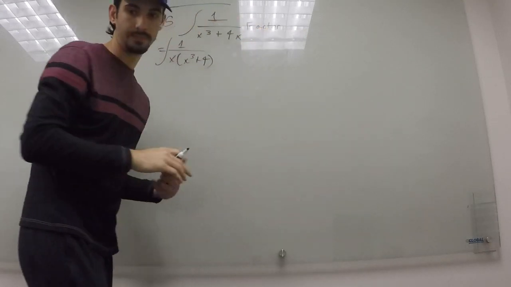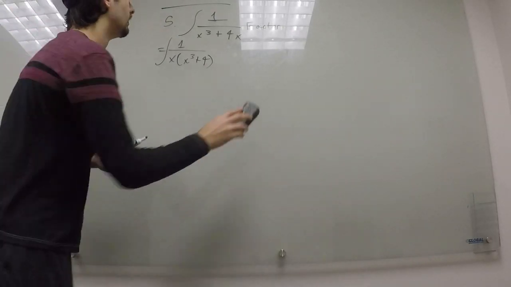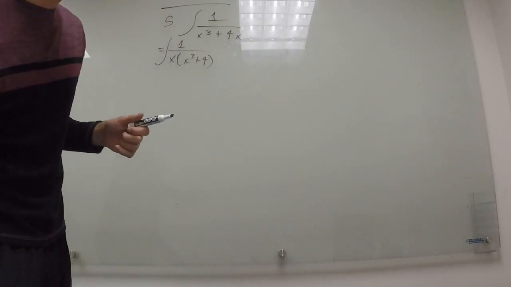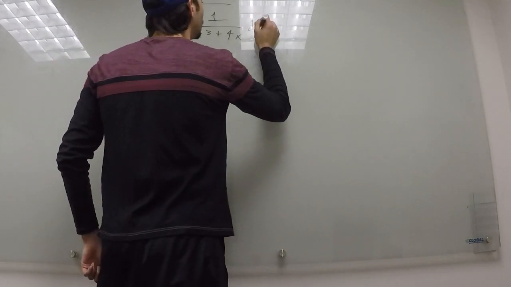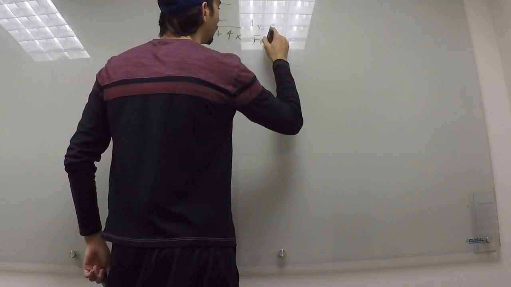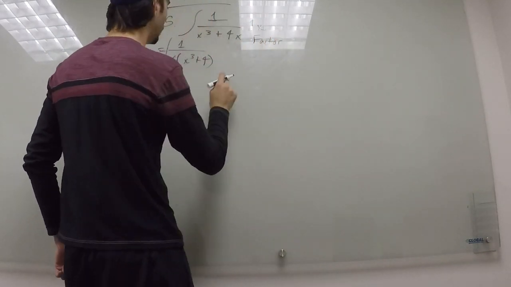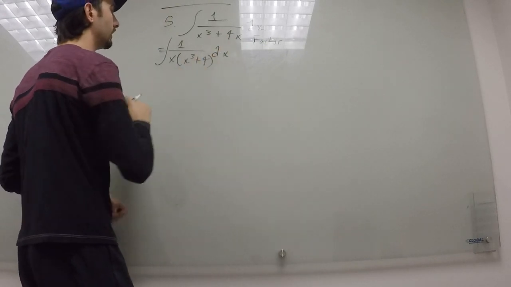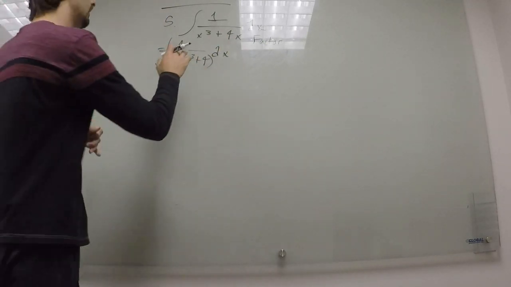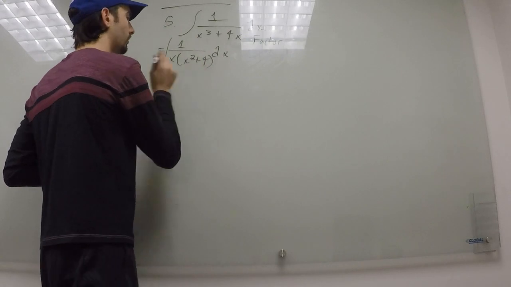Forgot the dx. So we factor, and that leaves us with 1 over x times x squared plus 4.